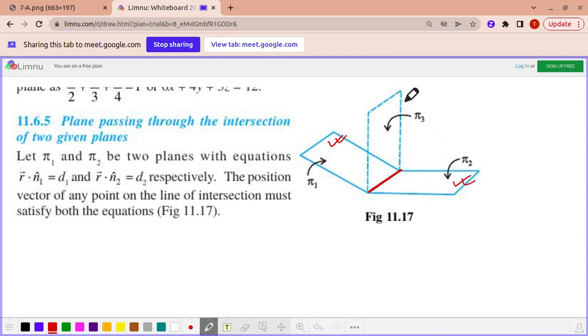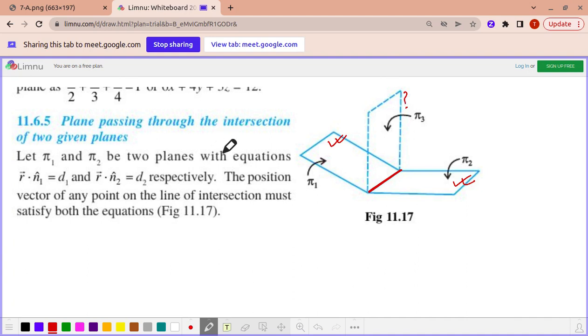Then pi 3, whose equation we are going to find, is like the different pages of the book. We can have different pages, or we can say the same pi 3 can take different inclinations, and we get different planes. So we need to find the general equation of that plane. How to find it? Let's find it out.